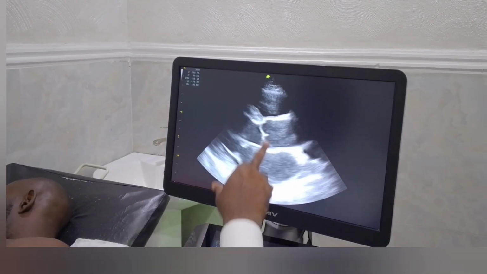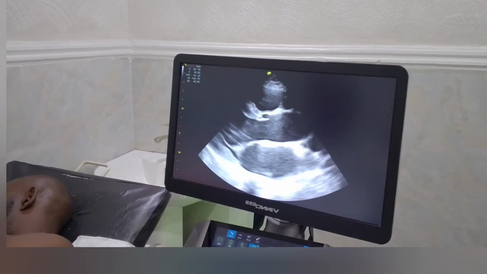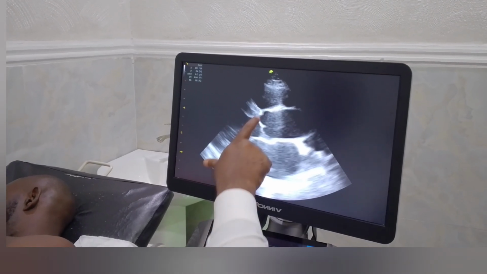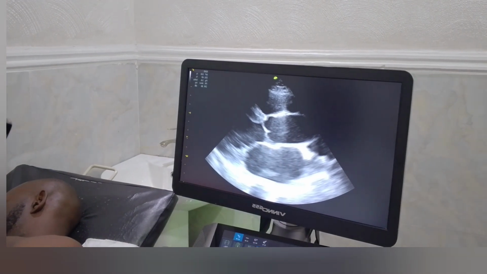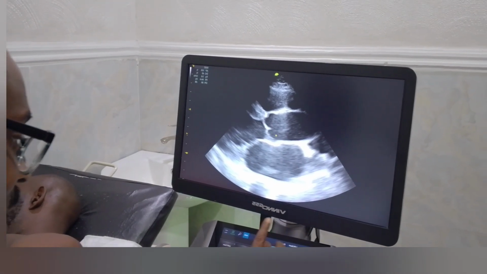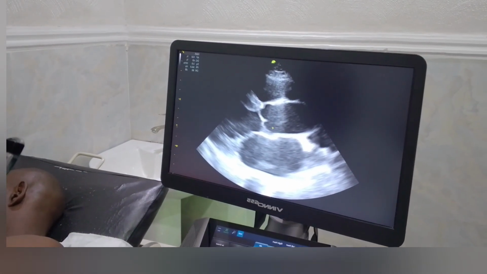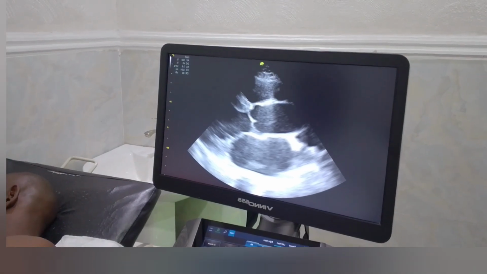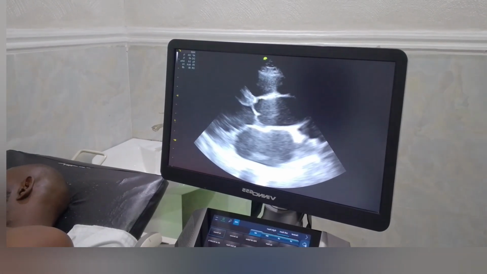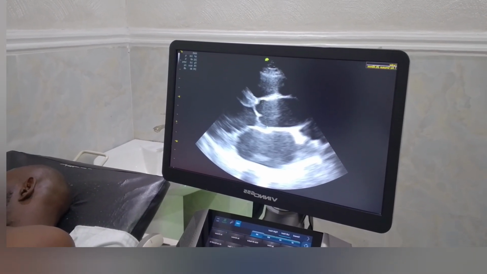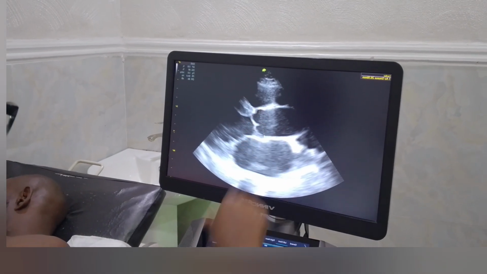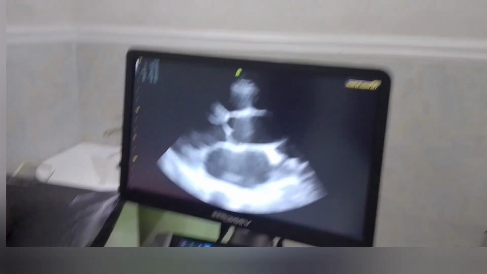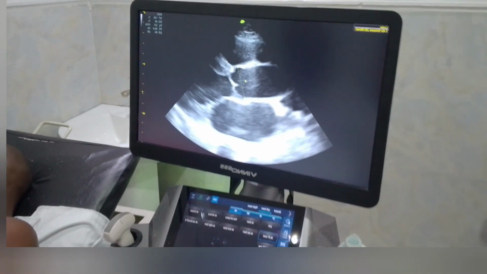Now, also, since we're at this LVOT, since we're in this view, this is also where we measure the sinus of Valsalva. You see where the widest portion of this aortic root is, so that's the sinus of Valsalva, the aortic sinus, we measure. Now, this is the sinotubular junction, the aortic ST junction.